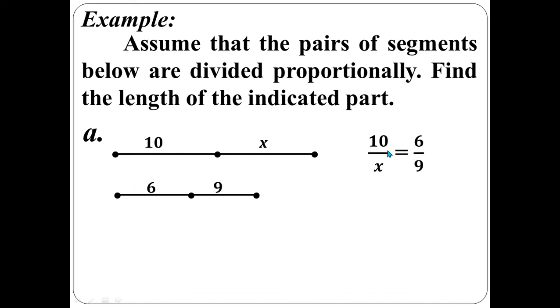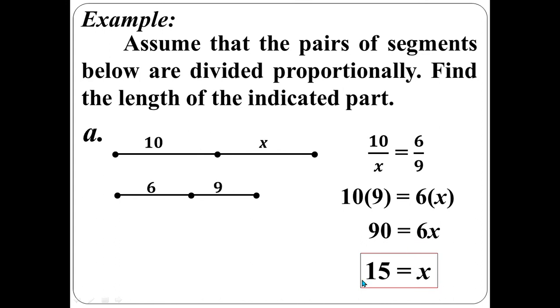Cross multiplication method, multiply, then divide both sides with 6. Therefore, ang ating x ay 15. So, 10 is to 15.